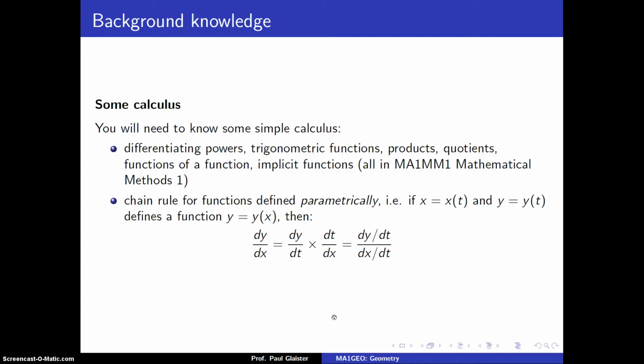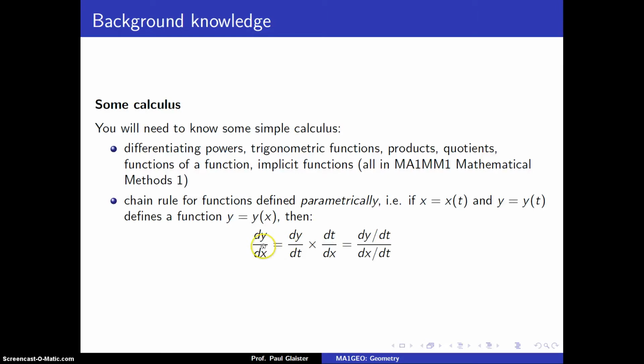The chain rule tells you that if you've got two functions, x as a function of t and y as a function of t, which by eliminating t defines a function y in terms of x, then dy by dx can be written as dy by dt times dt by dx by thinking of the dt's cancelling, and then the dt by dx can be written the other way up as 1 over dx by dt.